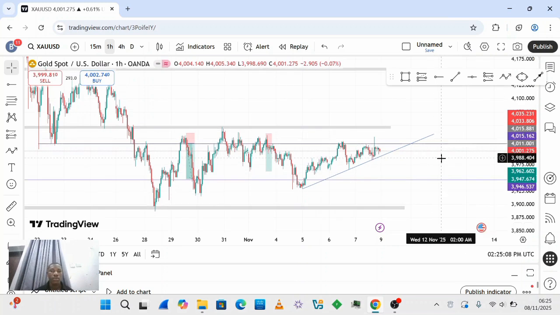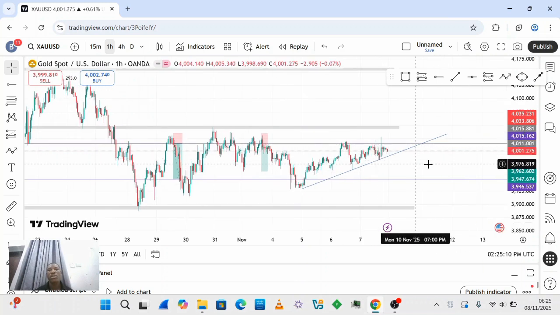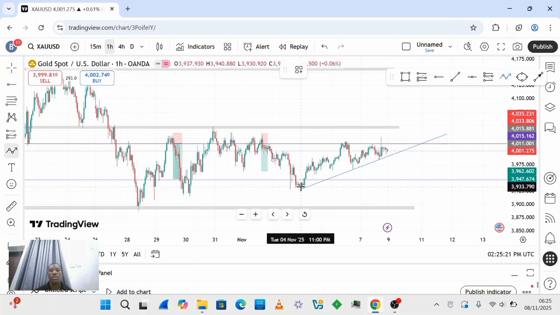That's what I'll be doing now. So from next week, I'll be waiting for this breakout. If it breaks out above this place, this is a high, this is a low, this is a higher high, and this is a higher low.